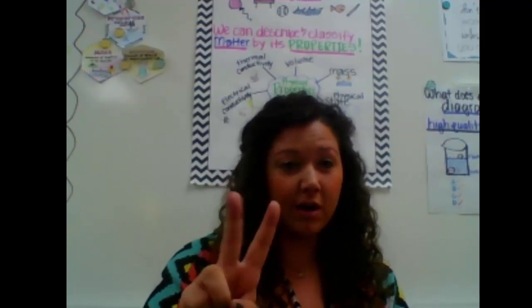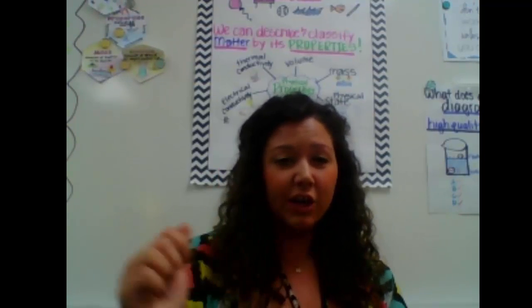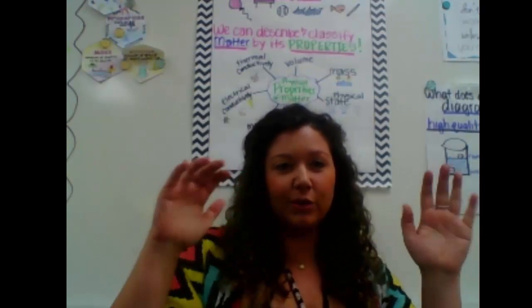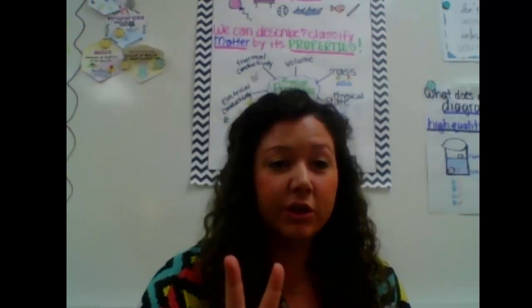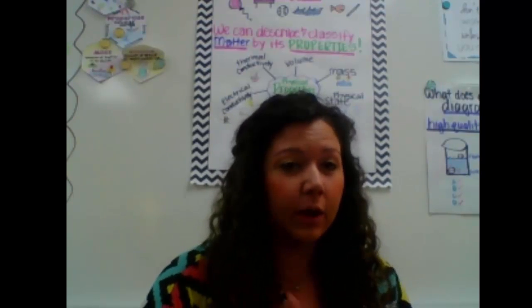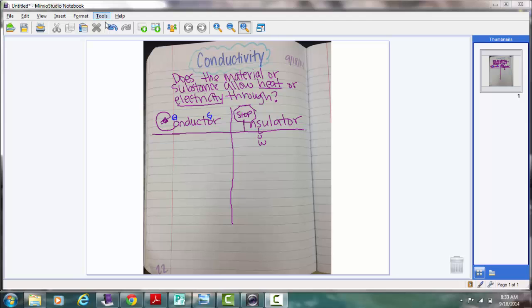Okay, so those are our two new vocabulary words. So tomorrow I'm going to expect you, when I say conductor, you're going to say let it go. And insulator, you're going to say slow or stop. So those are our two new words. Make sure you know them. And you're going to jot down right now a quick definition of each one in your journal on page 22. And I will see you tomorrow.